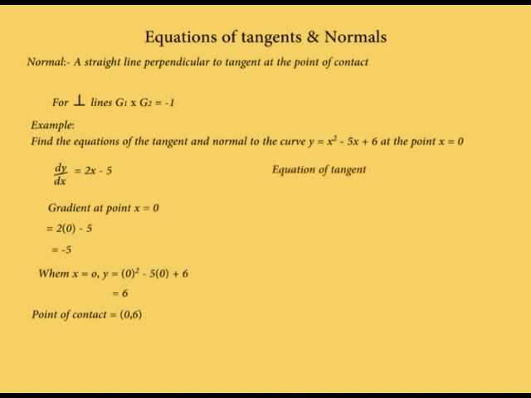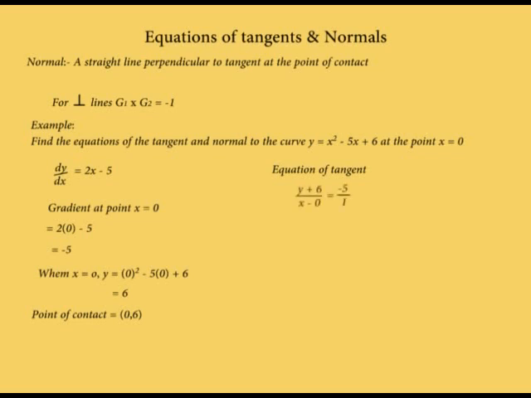Equation of the tangent. Now we have the gradient and a point. Gradient is negative 5 and the point is 0, 6. Now we find the equation of the straight line. We take an arbitrary point x, y, and then we do y2 minus y1 over x2 minus x1 and equate that to the gradient.